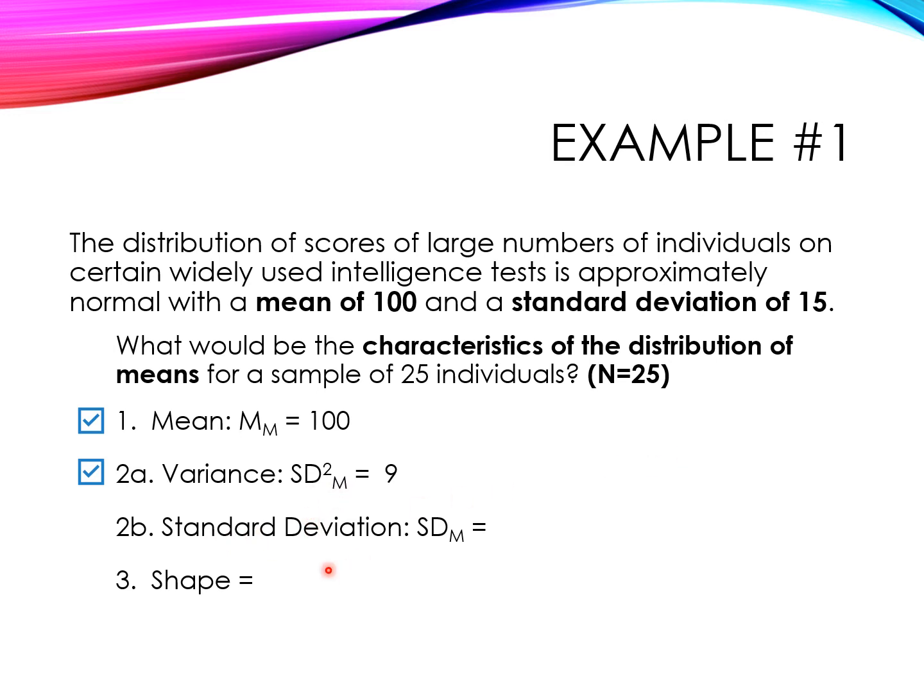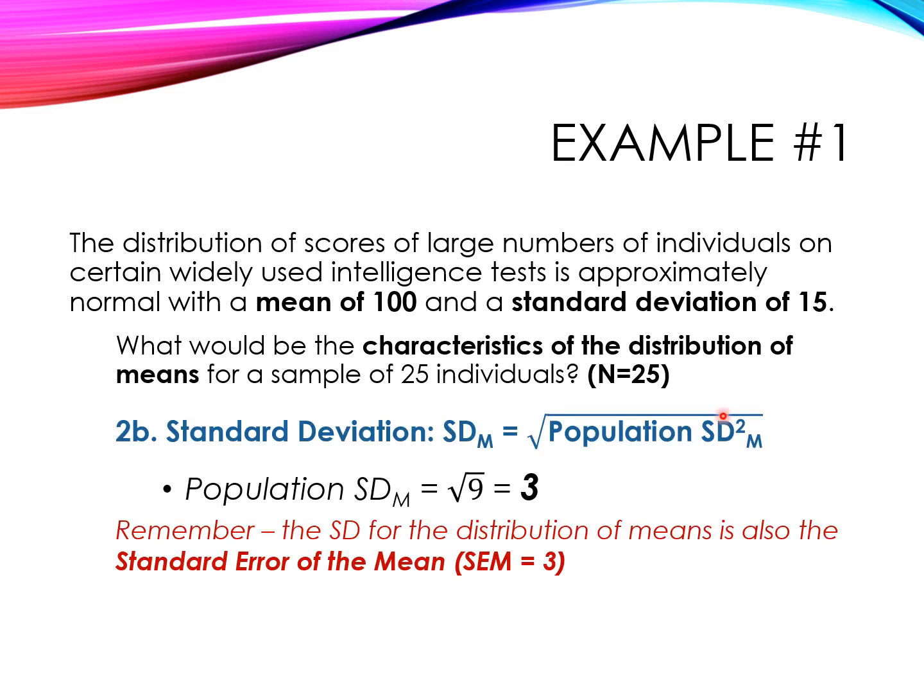Now, next one, standard deviation. The standard deviation of means is, this is correct because we want the population variance of the mean square rooted, right? And so our population standard deviation of the distribution of means is the square root of 9, which we had just found, right?